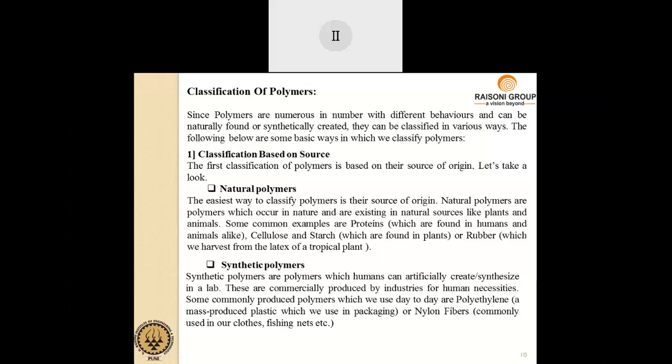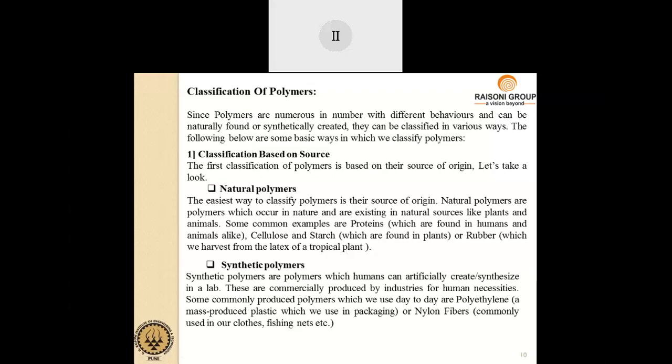The interesting thing is that we can find polymers in nature, naturally found polymers, as well as synthetically, by following different artificial processes. Synthetically also we can create different types of polymers. That's why this classification of polymers is very widened.